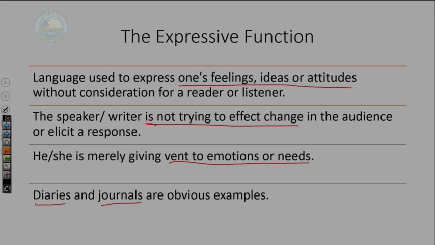Again, it's reiterating the point that you're not writing with any consideration for a reader or a listener. When someone writes in a diary, when you write in your personal journal, you're not writing for someone to respond to what you've written. And that is what we refer to when we speak about the expressive function of language.